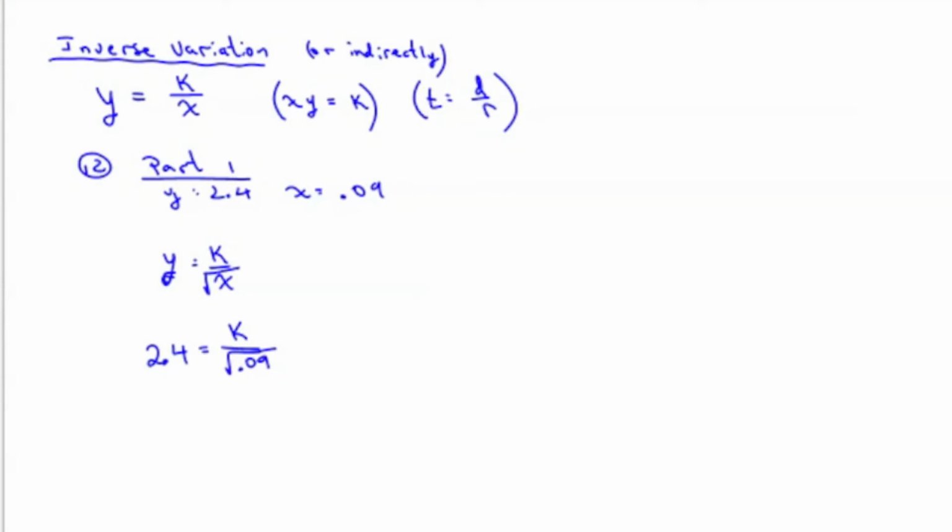If you go 0.3 times 0.3, you get the 9, but you'd also get 2 decimal places, so you have to move the decimal place twice, which would be 0.09. You all remember how to work with decimals, right? So this is 0.3, so you get 2.4 equals k over 0.3. How do you solve for k? Get it alone. How? Multiply both sides by 0.3. So what's 2.4 times 0.3?